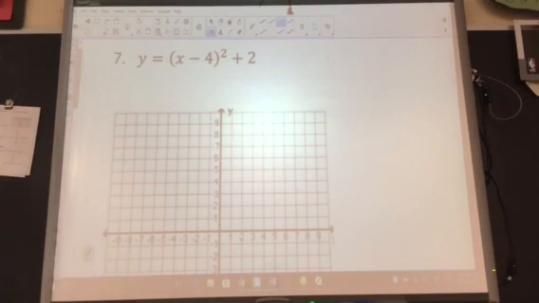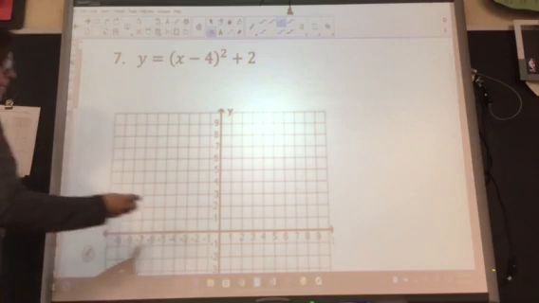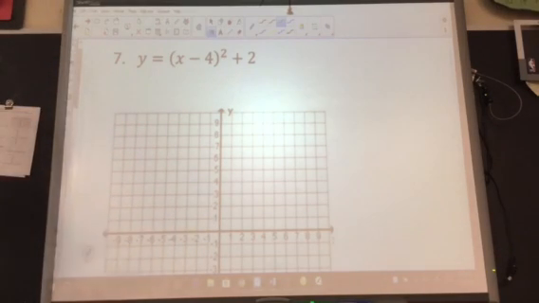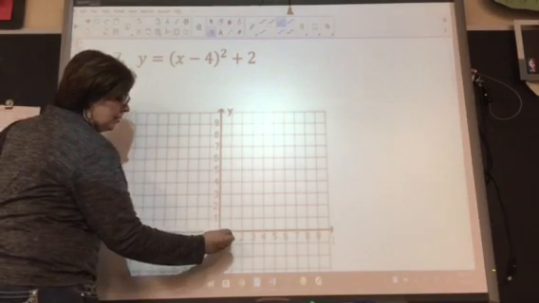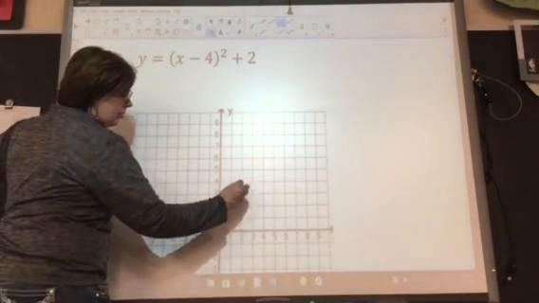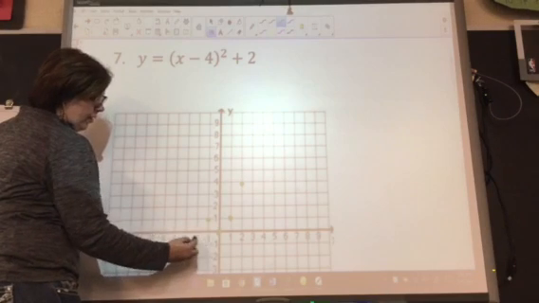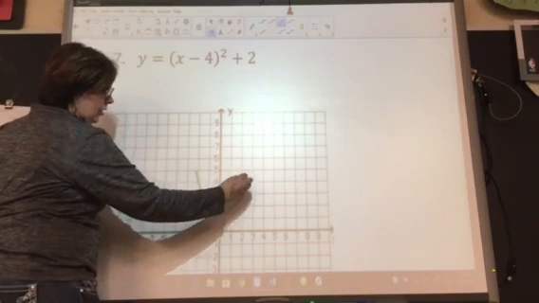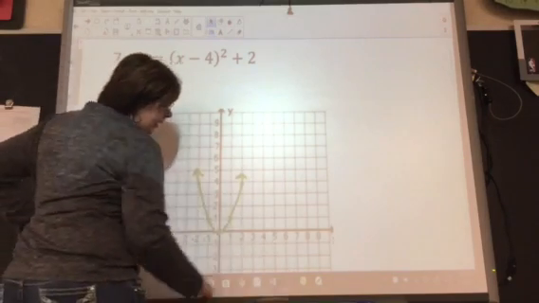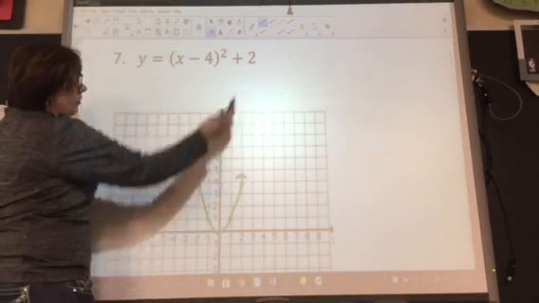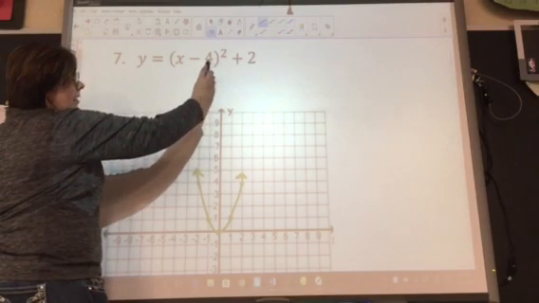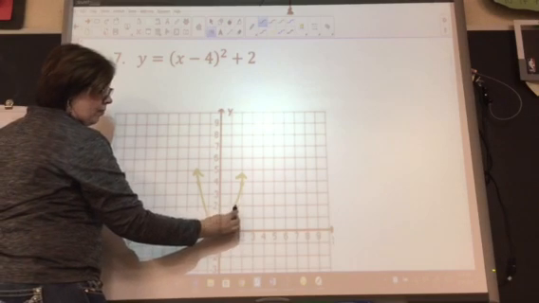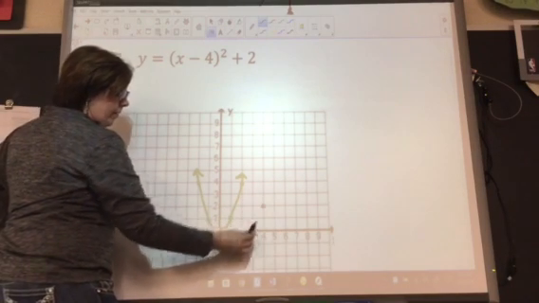Colton. Up 2 and to the what? Yeah, so your parent function, 0, 0, 1, 1, 2, 4, -1, 1, -2, 4. You're going to take each point of your parent function and move it up 2 units, and this means that we're going to go to the right 4. So 0, 0 is going to go up 2 units and to the right 1, 2, 3, 4.